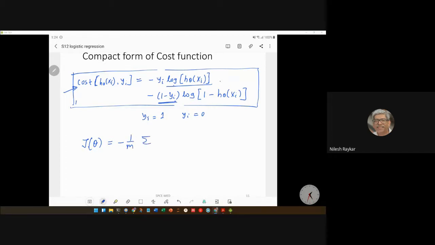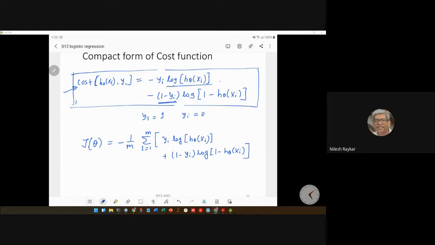So it is 1 by m summation over all the samples, so i equal to 1 to m. And in the bracket, you are having yi, the same function what I have written there. So it is log of h theta xi plus 1 minus yi times log of 1 minus h theta xi.